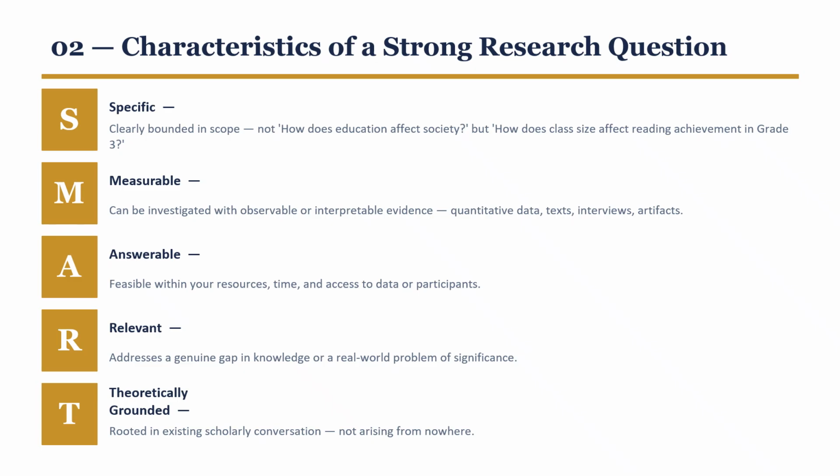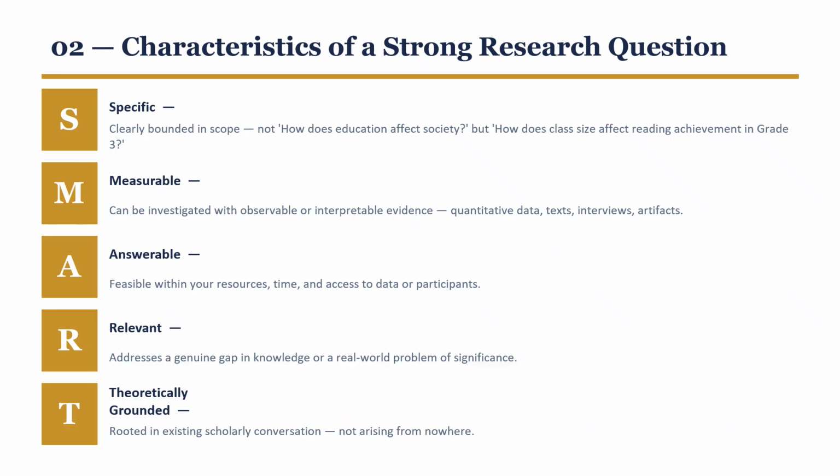If I want to do semi-structured interviews, let's say I want to do qualitative, where do I begin? In the second example, how does class size affect reading achievement? I could do it qualitatively. I could ask teachers their perceptions. I could ask parents their perceptions. Or I could do it quantitatively and I could look at test scores and I could look at behaviors. I could do surveys of the teachers, of the parents, of administration. So is it measurable? Will data be produced?